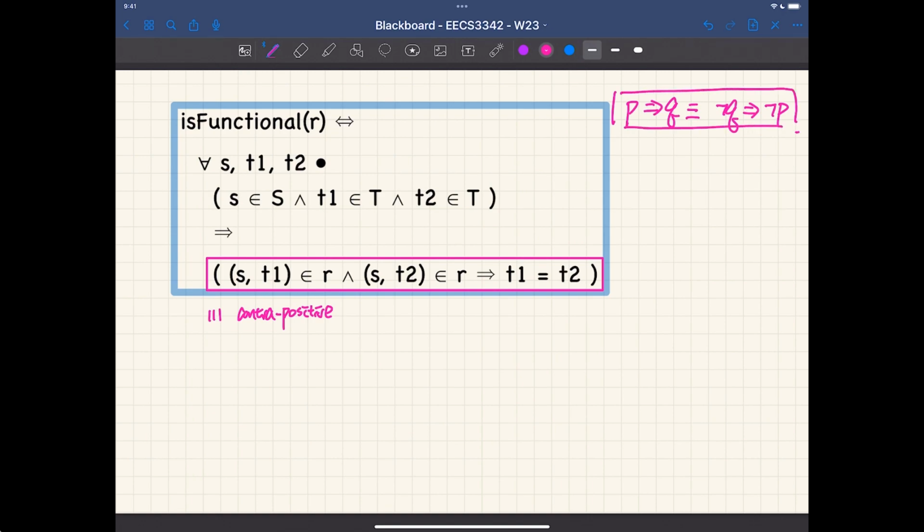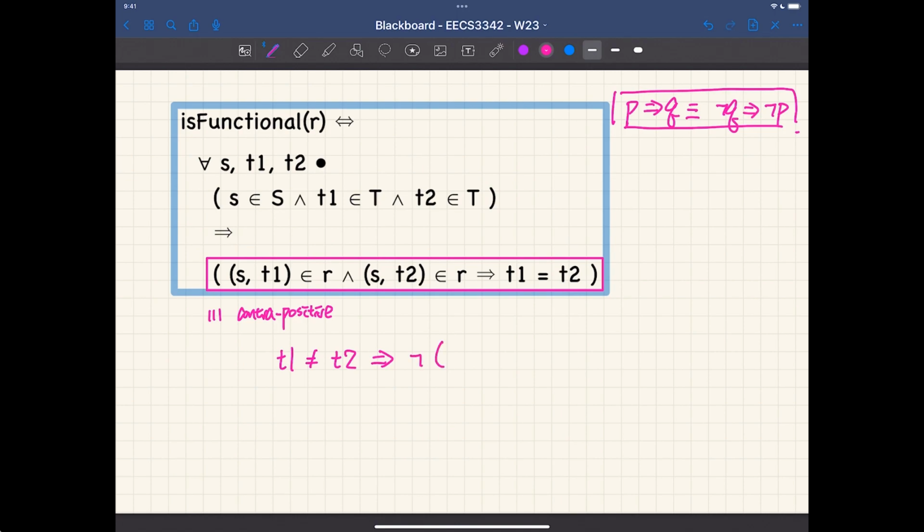All right? So what we got is not Q would be not this part. T1 not equal to T2. Okay? If they are not the same, that implies, okay, let's try this. We want to say not the case. Both are in R. If you apply De Morgan, that means either of them is not in R. Agree?